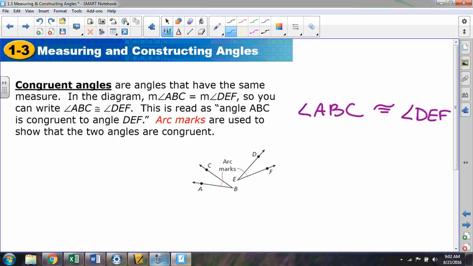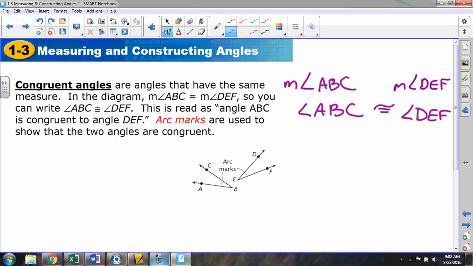Similarly, though, we can talk about the size of an angle. A 30-degree angle is equal to a 30-degree angle in size, and so we use the separate notation, the measure of angle ABC and the measure of angle DEF.